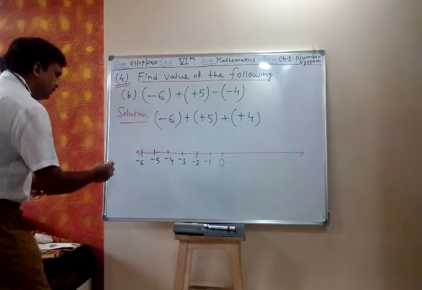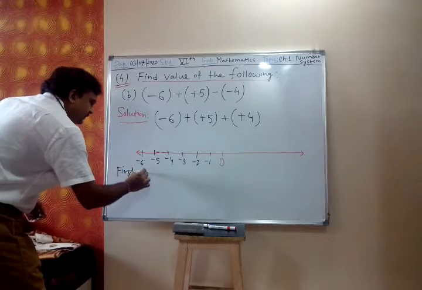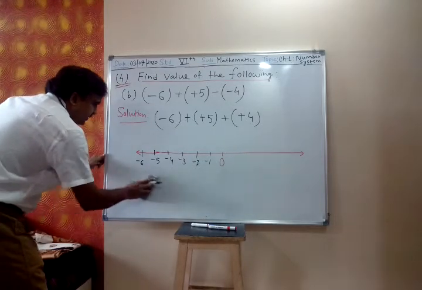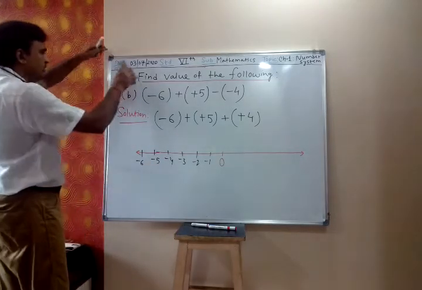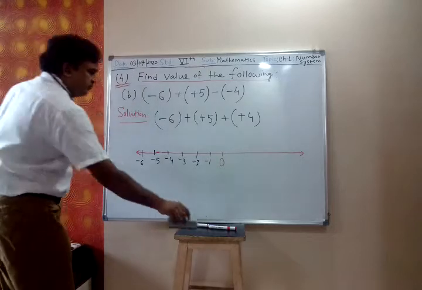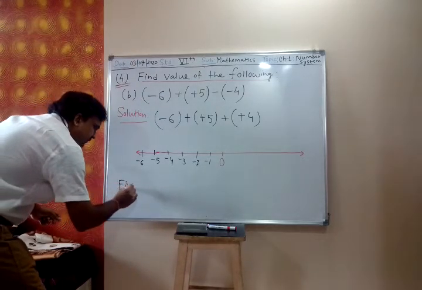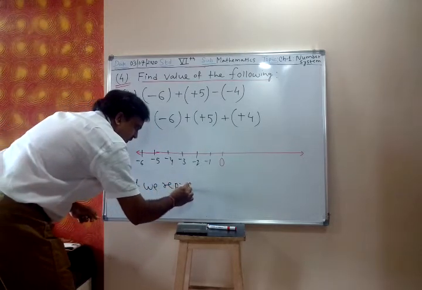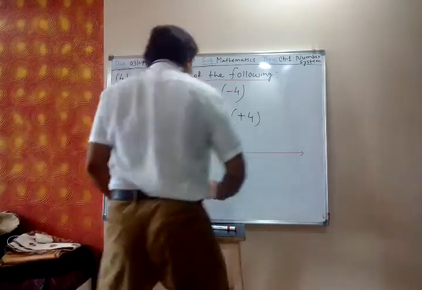This writing also we write: first we represent -6. Let me write. The top part is over. Let us write on the right side also: first we represent -6.